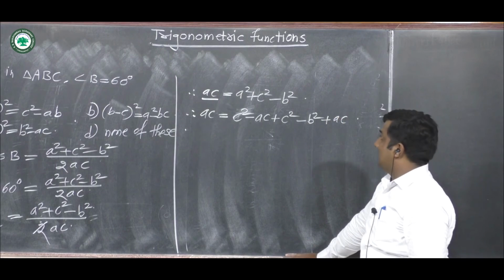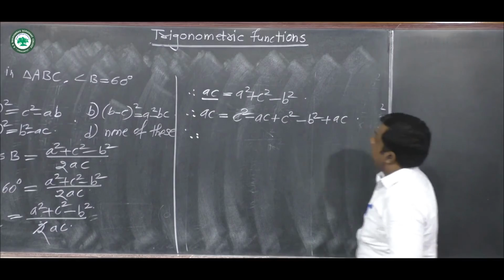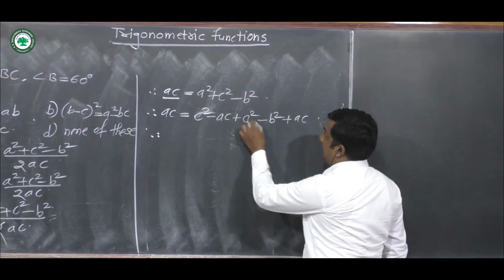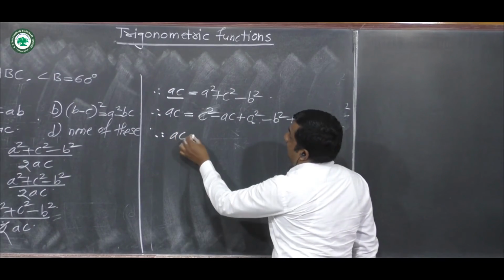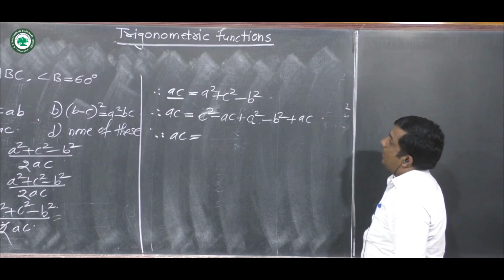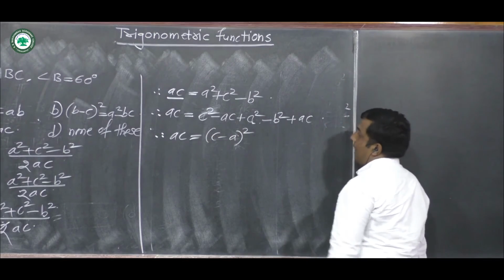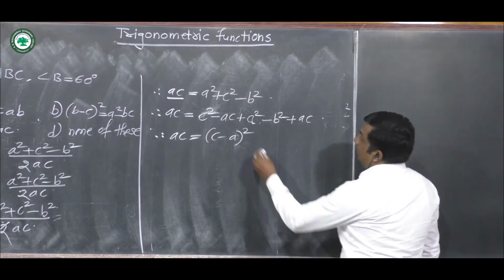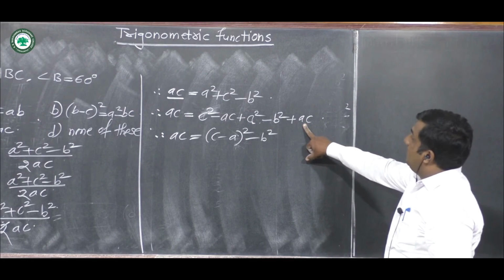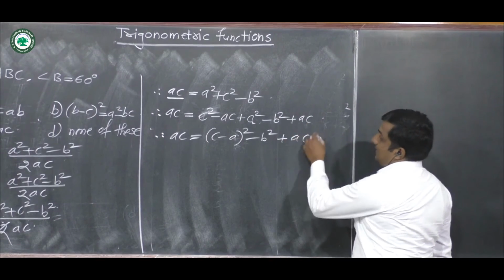So here ac equals (c minus a) square with minus b square plus ac.